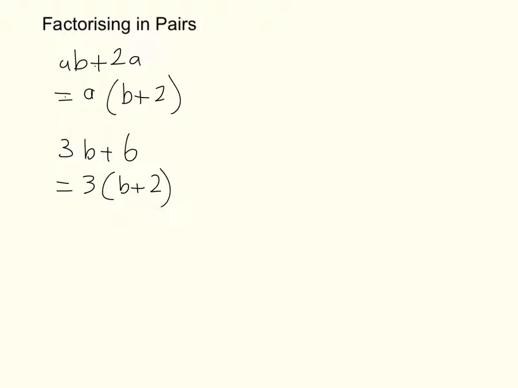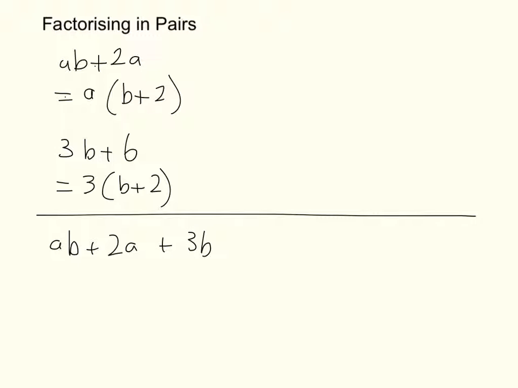But what if I combine those two expressions and I had something like this, AB plus 2A plus 3B plus 6. Now if we have a look through these, we actually notice that none of them share the same common factor all throughout. So the first couple have got A's, and then these two are even numbers, and so they share a common factor of 2.